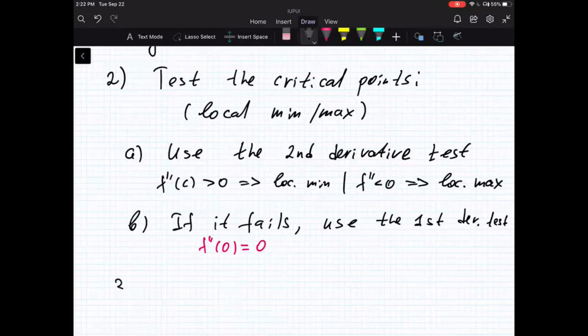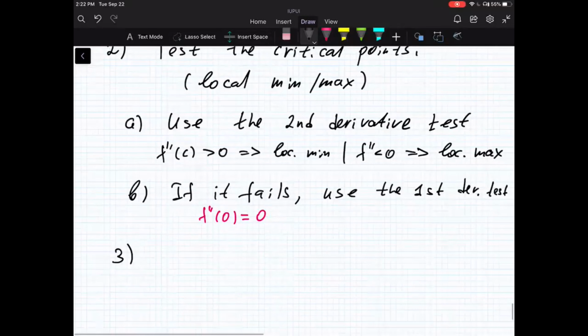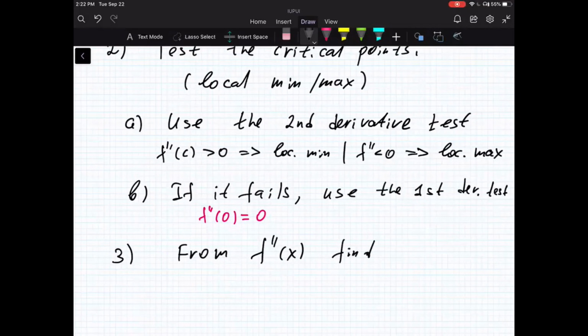Okay, the third step is, from the second derivative of x, find the intervals where the function is concave up or down.